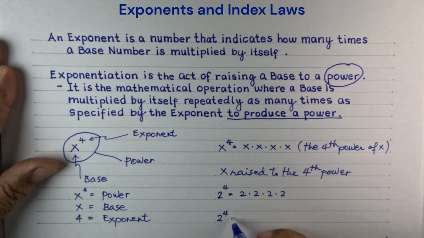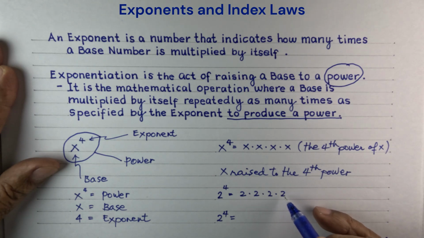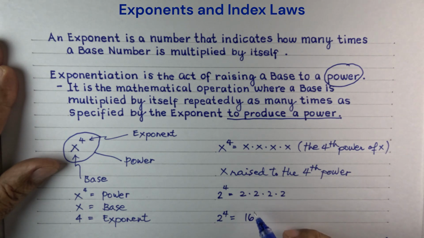So 2 to the fourth is equal to 2 times 2 is 4, times 2 is 8, times 2 is 16. So the result, 16, is also called a power. Specifically, this is called the fourth power of the base 2.